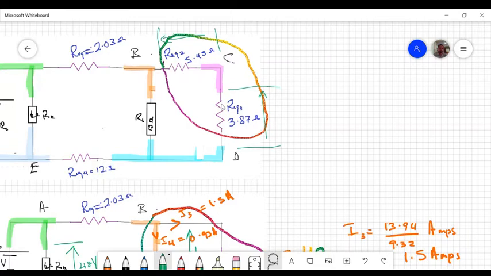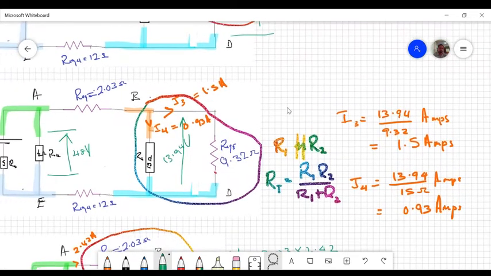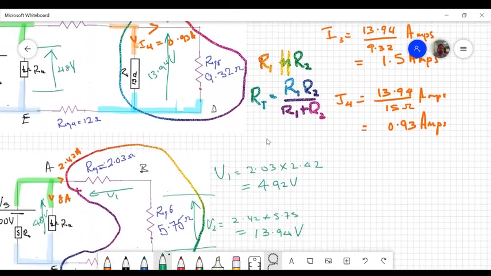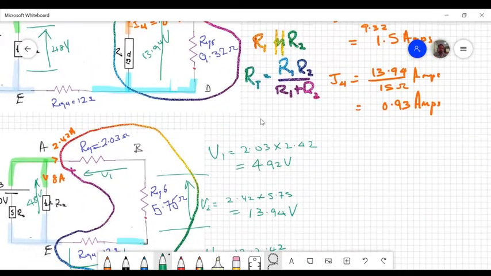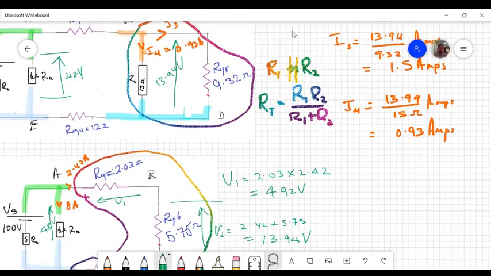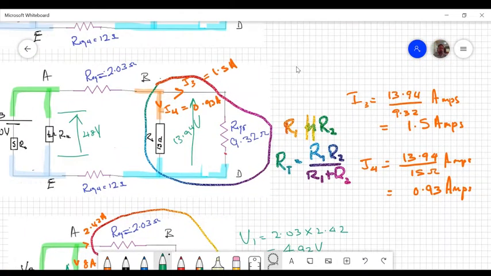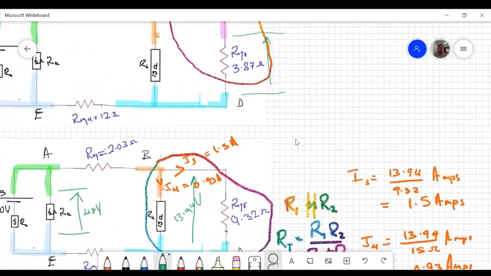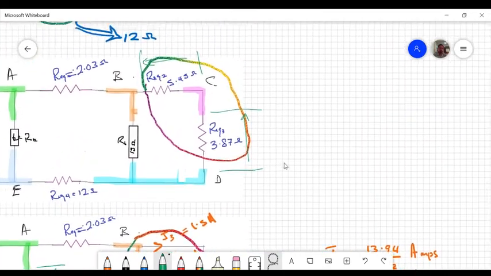Okay, so going back to my naming and numbering, the last voltage I had was V3, so I'll call it V4 and V5. So this is V4 and this is V5.